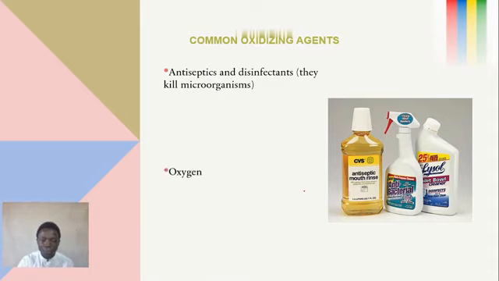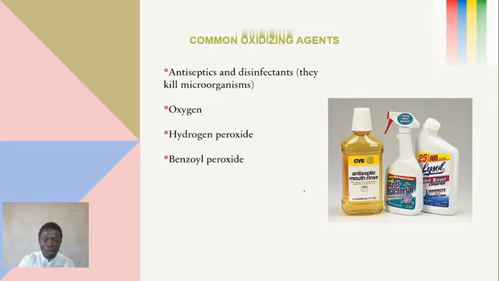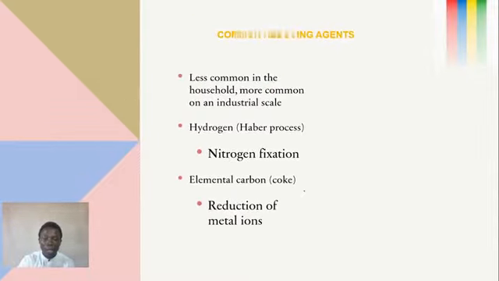Oxygen is a common oxidizing agent. Hydrogen peroxide is also an oxidizing agent. We have benzoyl peroxide, and iodine is an oxidizing agent. Chlorine is also a very powerful oxidizing agent. Sodium hypochlorite is an example of an oxidizing agent. So we move to reducing agents, and common examples, very important.